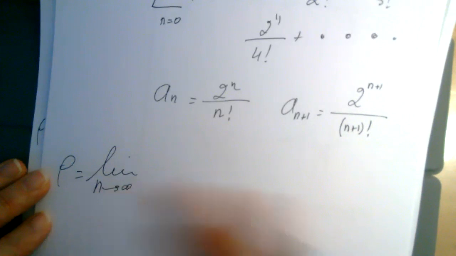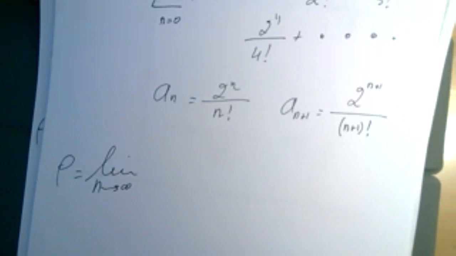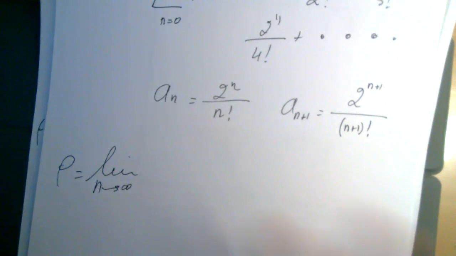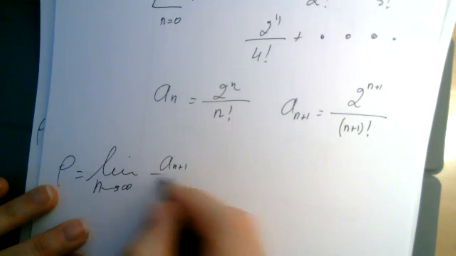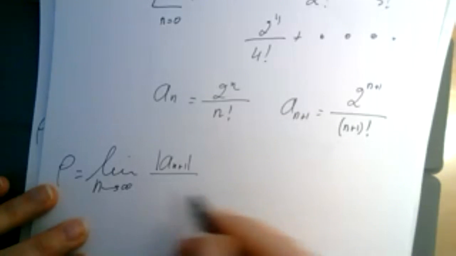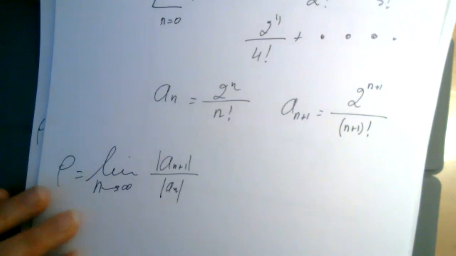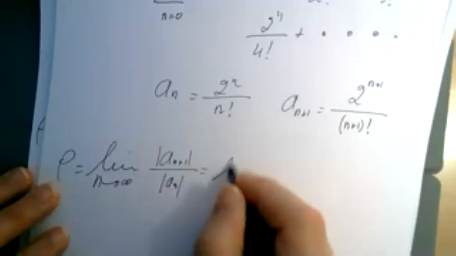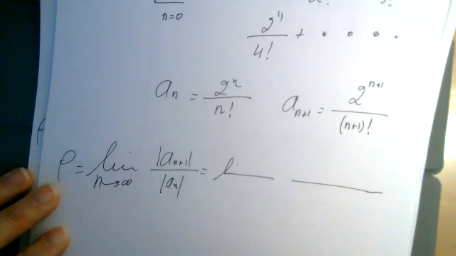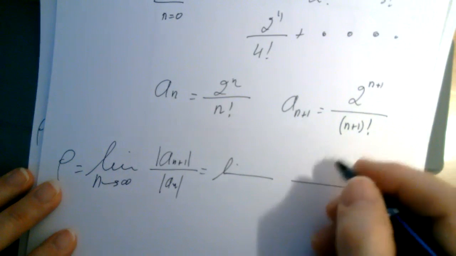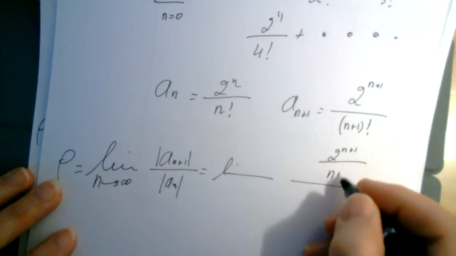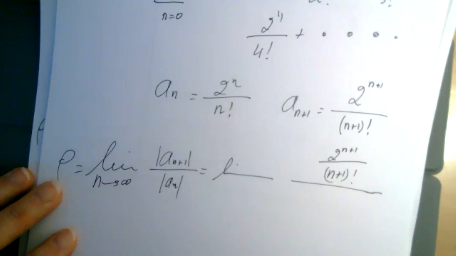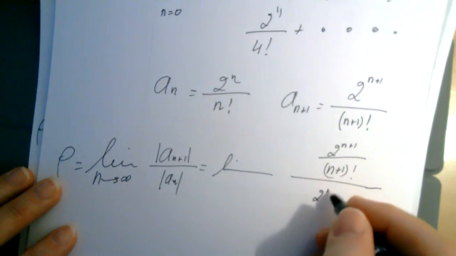So in both examples, I'm giving you series with positive terms, because the ratio test is useful all the time. So I'm going to take the absolute value of a_(n+1), which is a_(n+1) because it is positive, and I'm going to compute the ratio. So that's the limit of, what's a_(n+1)? 2 to the n plus 1 over the quantity n plus 1 factorial, over 2 to the n over n factorial.